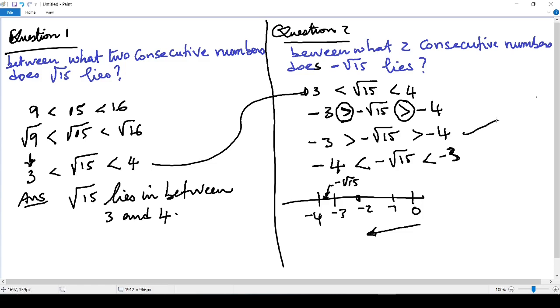So this is how you write it. But going this way, negative 4 is less than negative 3, and this is how you write it. So just to prove that these two expressions are correct, and you don't have to write both, just write one of them and you will be good.